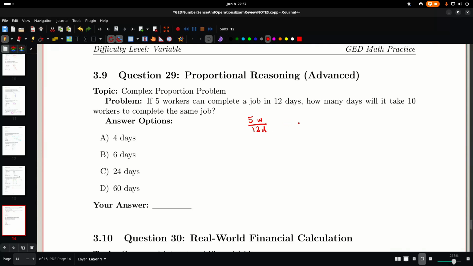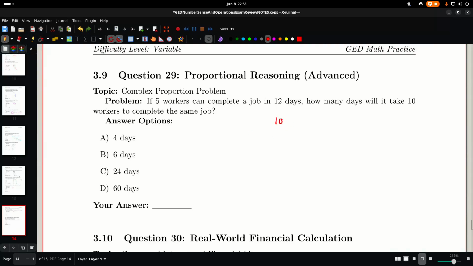And so the amount of time taken, we have 5 workers, and 10 workers is twice as many workers as we have. This is the better way to think of it. So 10 workers is twice as many workers as 5 workers.